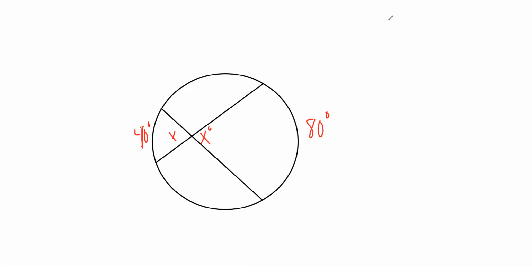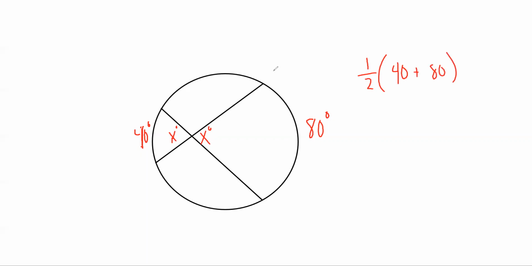So do you see how the lines intersect inside the circle, right? So what I can say is that the measure of these angles, and how can I label them both x? Well, here's the x, right? So I know that these angles are the same because they're vertical angles, right? So what they're saying is that the measure of these angles is half of the sum of the two intercepted arcs, right?